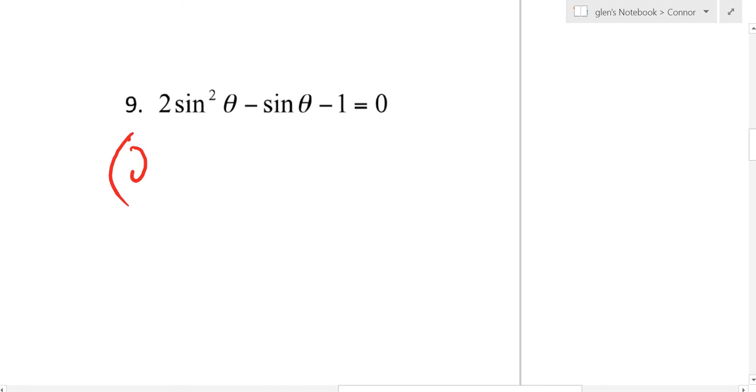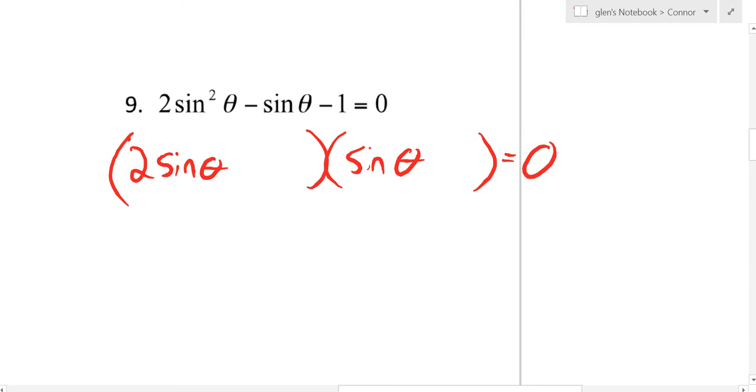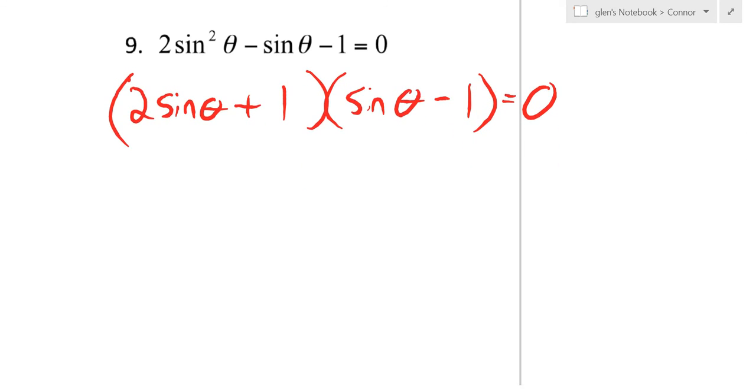So it's 2 sine theta here, and then we know there's going to be a sine theta here. We know it's going to equal 0. We got to find, again, multiply to negative 1, but we got to get that negative 1 sign in the middle, which means we need to have a minus 1 here, plus 1 here. So this is very similar to the one that we did before.